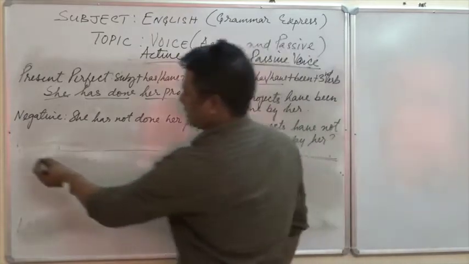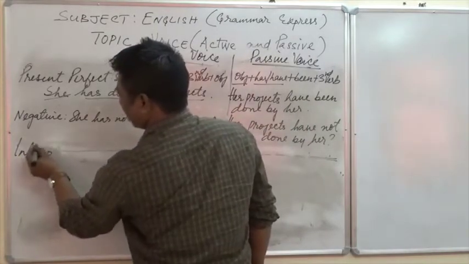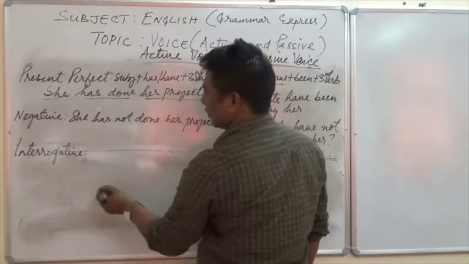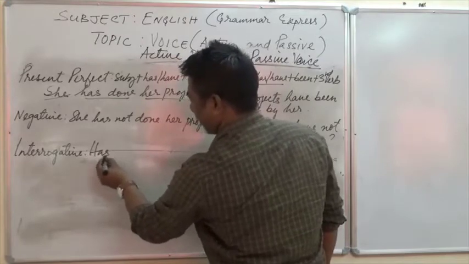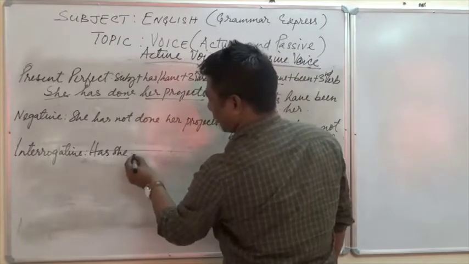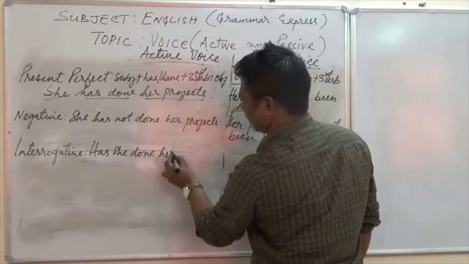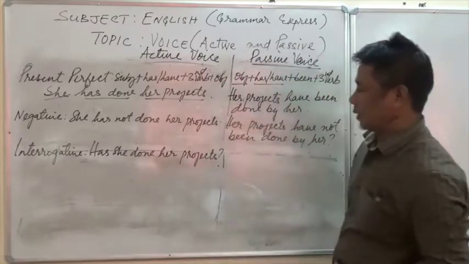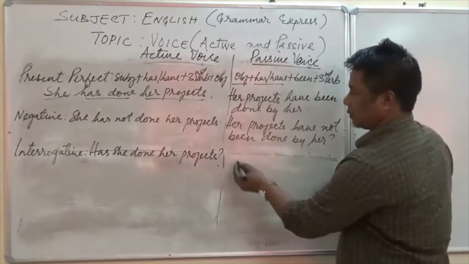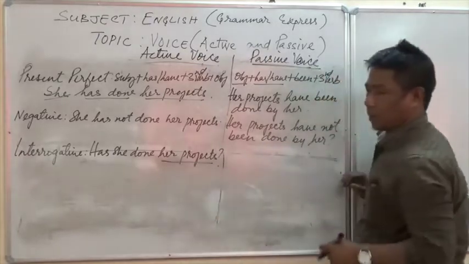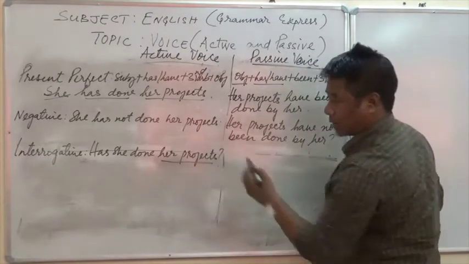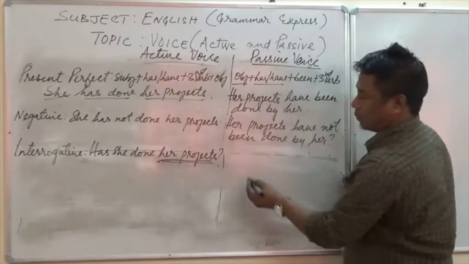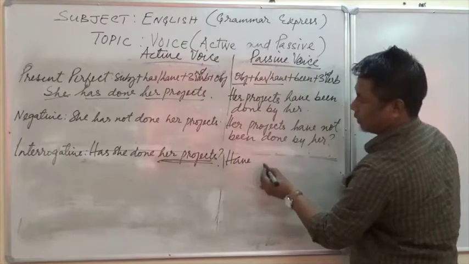Okay, then if it is an interrogative: has she done her projects? In the passive, we look at the object, and if it is plural we use have.